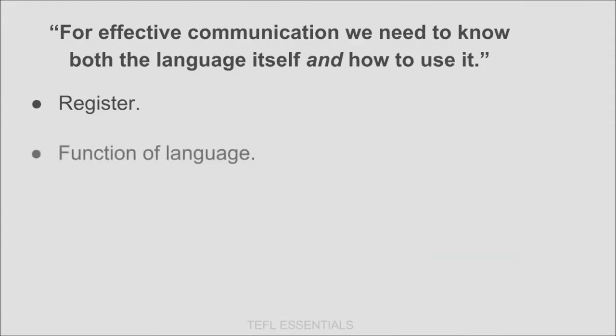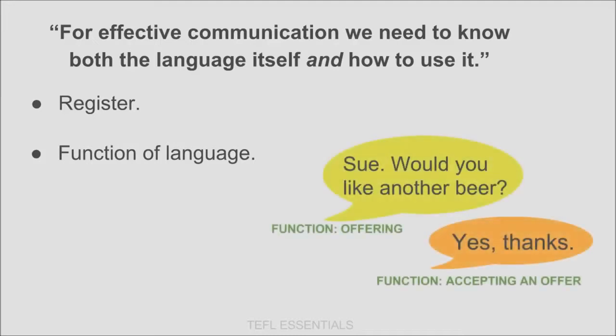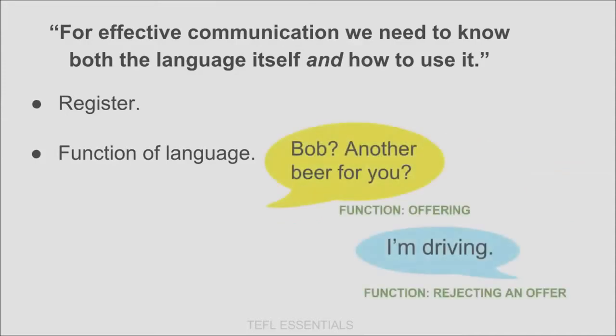We must also be aware of language functions. It's easy to identify the function of this question, to offer a beer, and Sue's response, accepting the beer. But the way we use English isn't always so clear. Once again, this person uses language to offer a beer, but Bob's response could cause confusion to language learners, as its function, to refuse the offer, is less obvious.